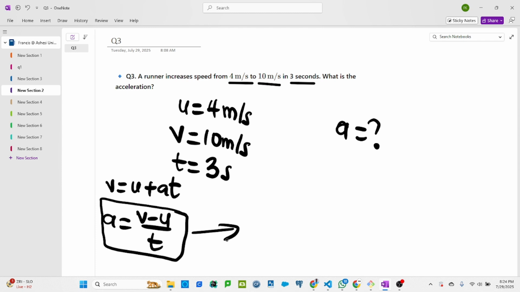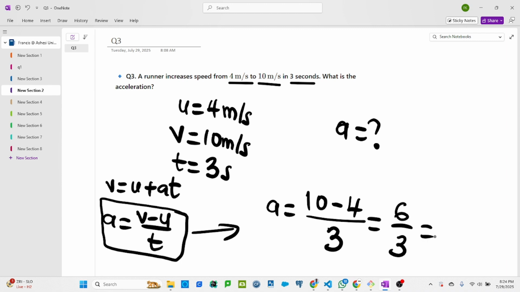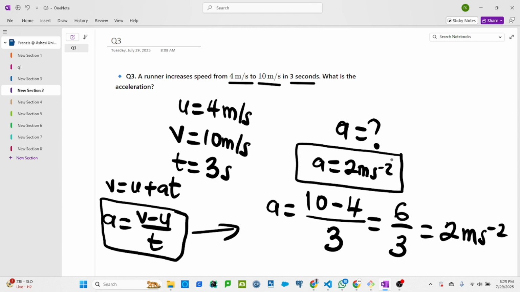So a is equal to v, which is 10, minus u, which is 4, over t, which is 3. That gives 10 minus 4, which is 6, over 3, which is 2. The unit of acceleration is distance per time squared, so it will become 2 meters per second squared. Do you have any concerns so far?